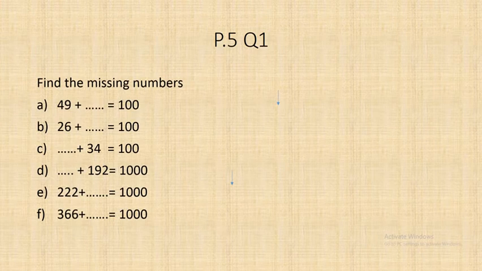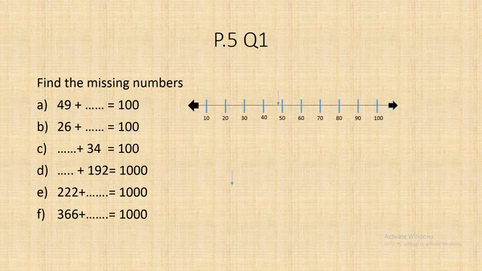So let's think about it in the number line. For example, I have here the number line from 10 to 100, and I have here 49. If I add 1, it's going to be 50. And after that, I will add 50, so it's going to be 100. So what did I add to 49 to reach 100? Exactly, it's 51.